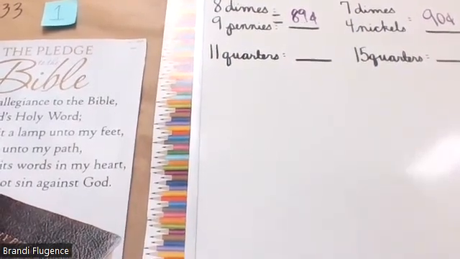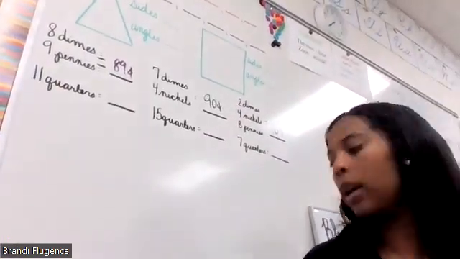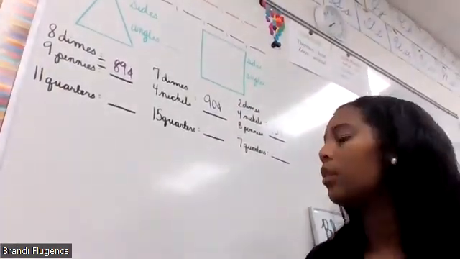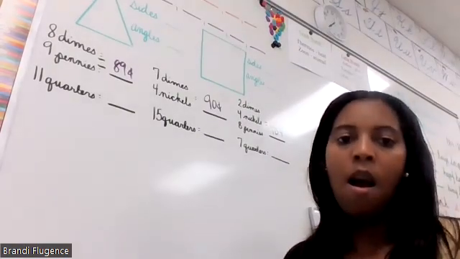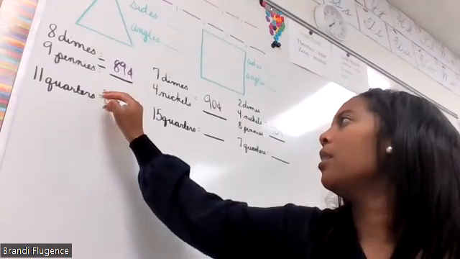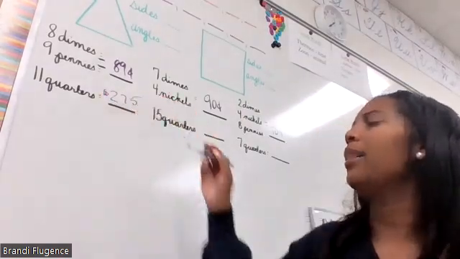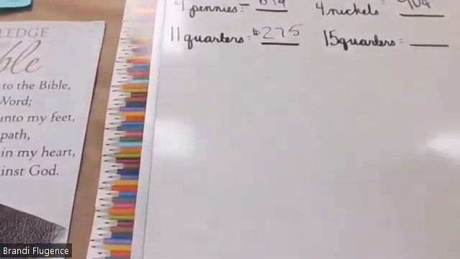All right, 11 quarters, how much? Anybody have an amount? 11 quarters would equal, Asa, what do you have? $2.75. Yes. Okay, next one.